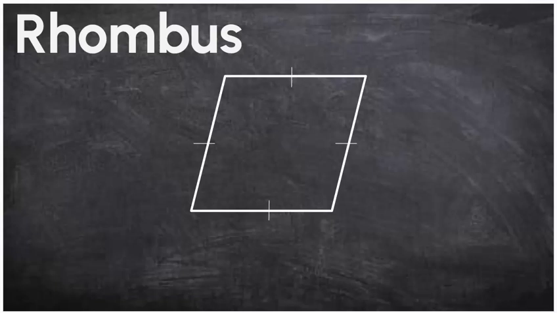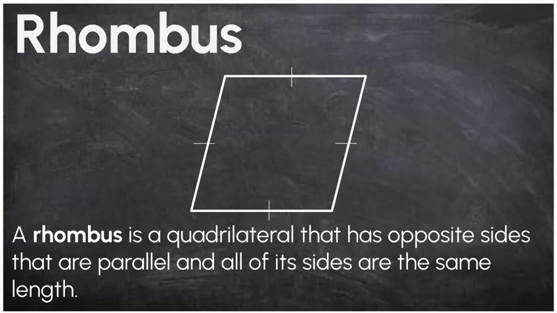What makes this a rhombus? A rhombus is a quadrilateral that has opposite sides that are parallel and all of its sides are the same length. So yes, a rhombus would be a special kind of parallelogram with all four sides being the same length, again identified with those little lines.